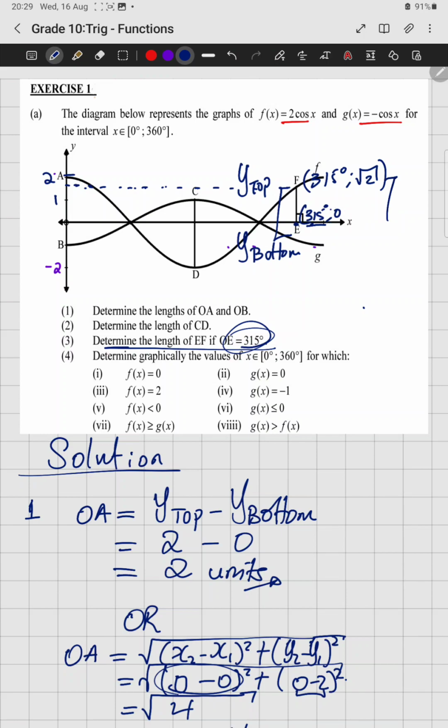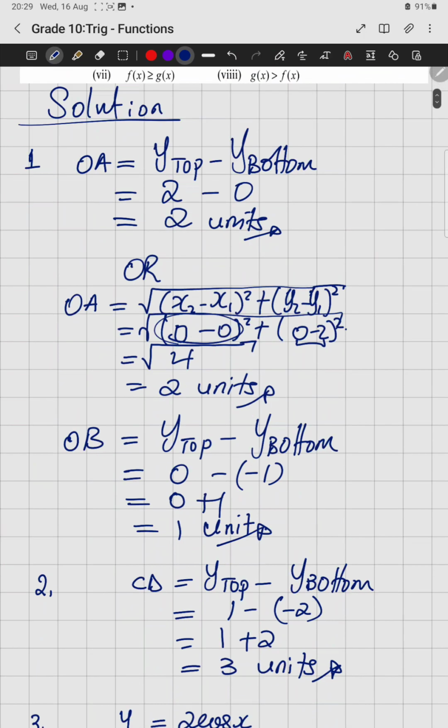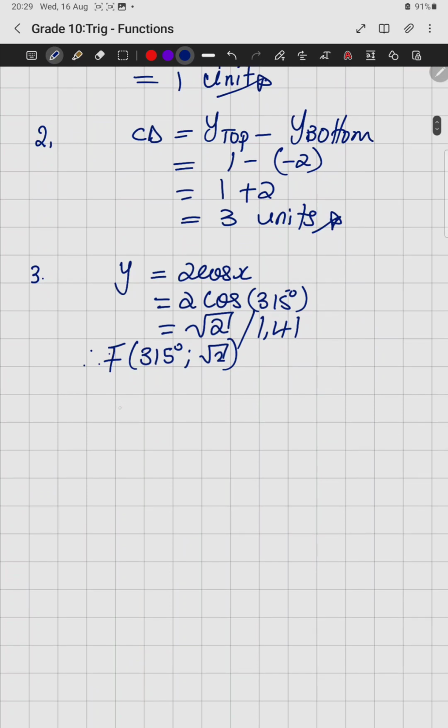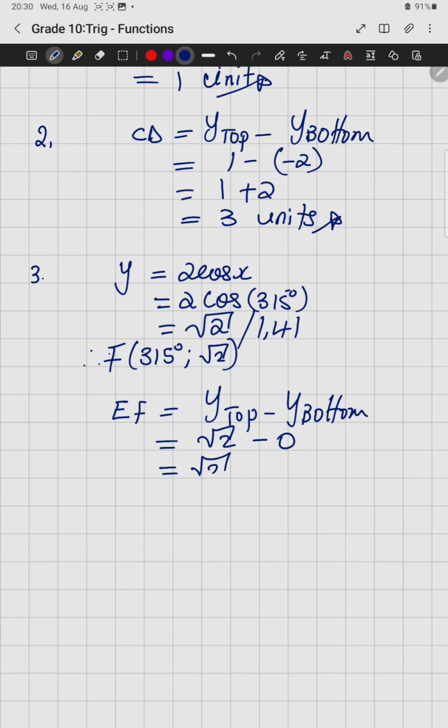So the length of EF is y top minus y bottom, which is just root 2 minus 0, and the answer is just root 2 units.